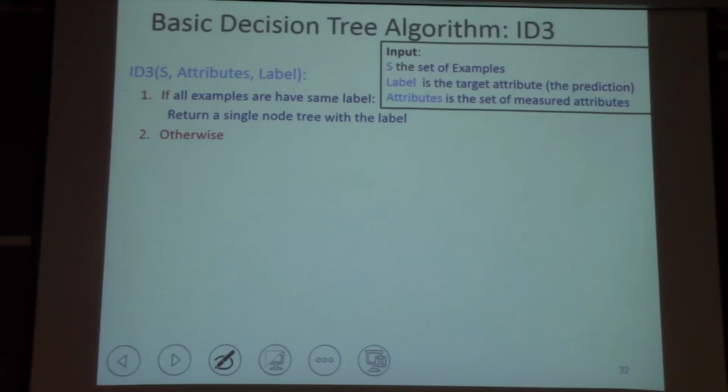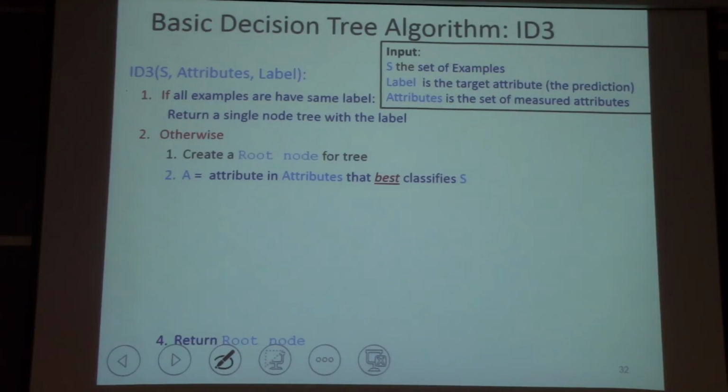That's the base case in the recursion. The more interesting case is if different rows in the table have different labels. So we have to start constructing a tree. We create a root node that we will eventually return. And what we do is pick an attribute.